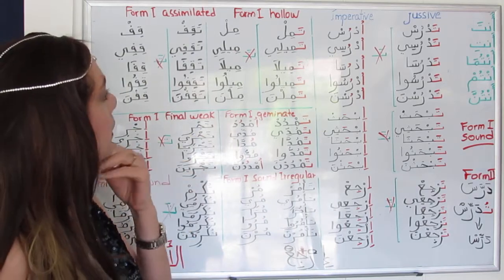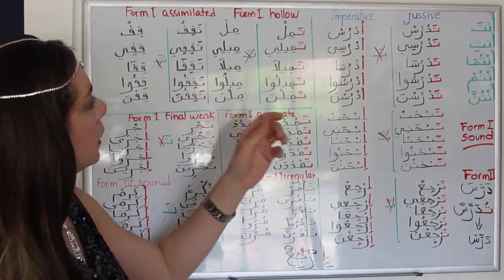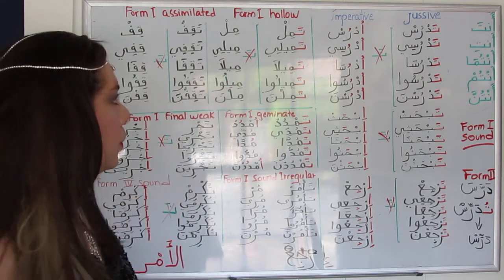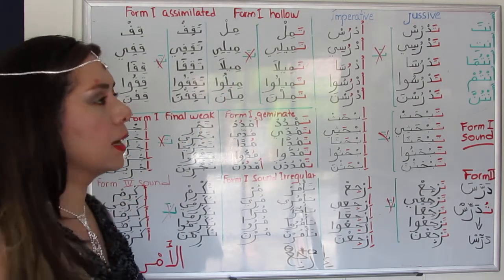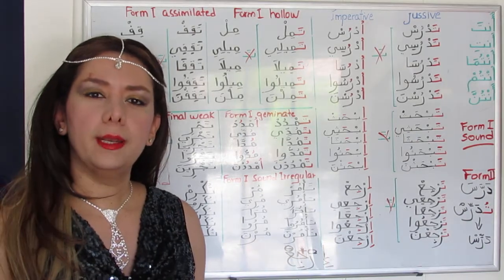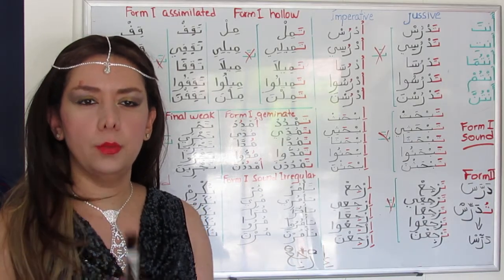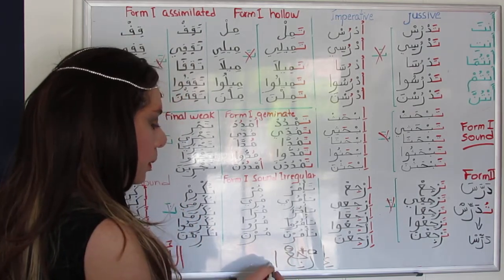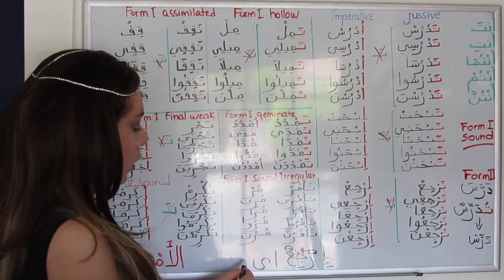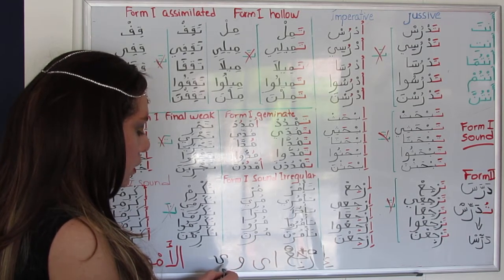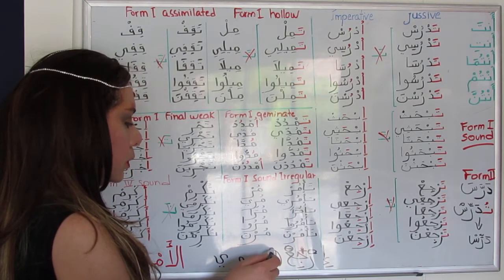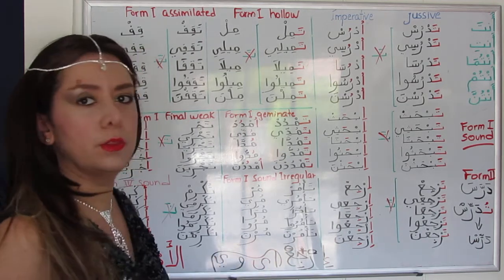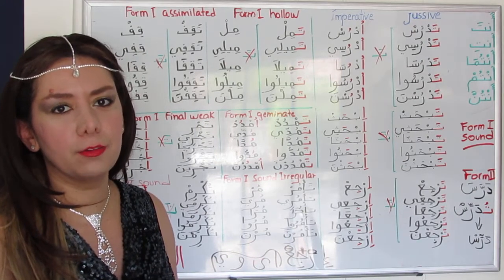So let's check other verbs. Form one, the hollow verb. The hollow verb comes with a weak letter in the middle. You know the weak letters are alif, it may be broken alif, alif maqsura, waw, and ya. So if the verb or the root contains one of these, we have to be careful.